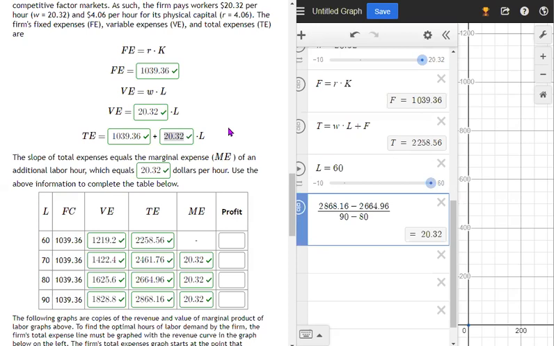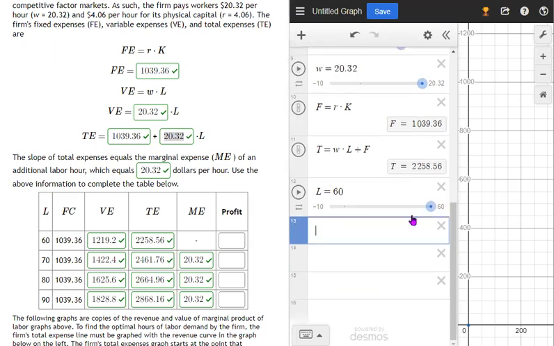If you differentiate a line with respect to the independent variable L, that derivative is just the coefficient of L. So it's 20.32.